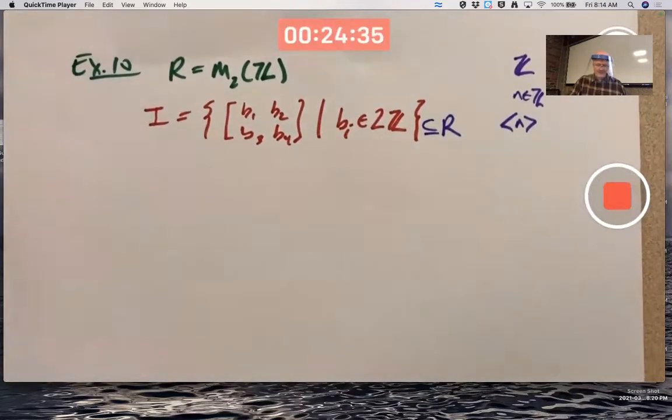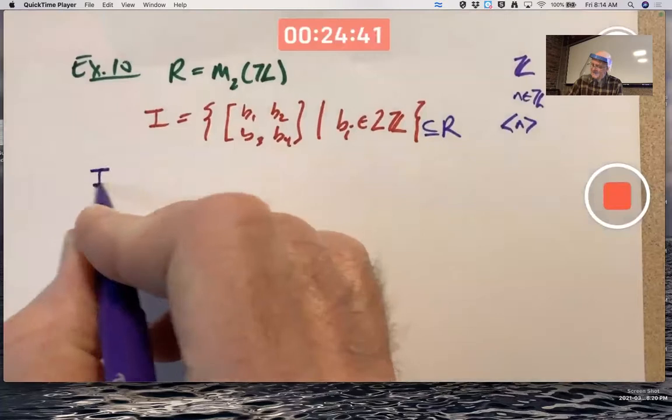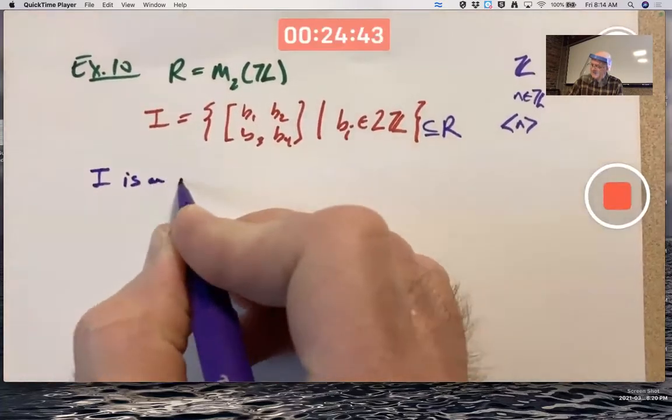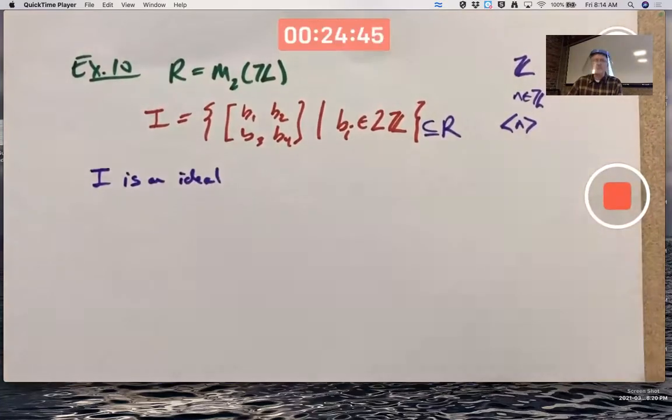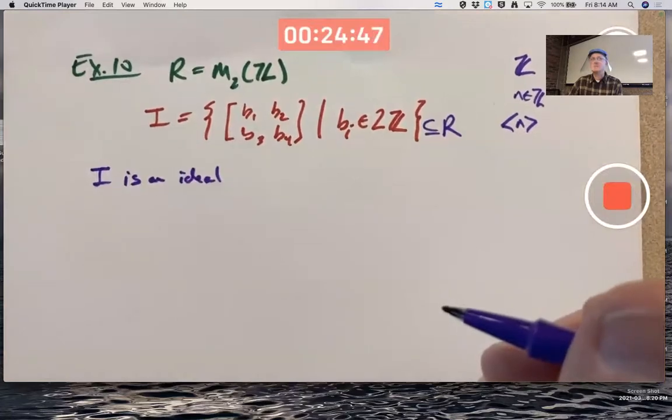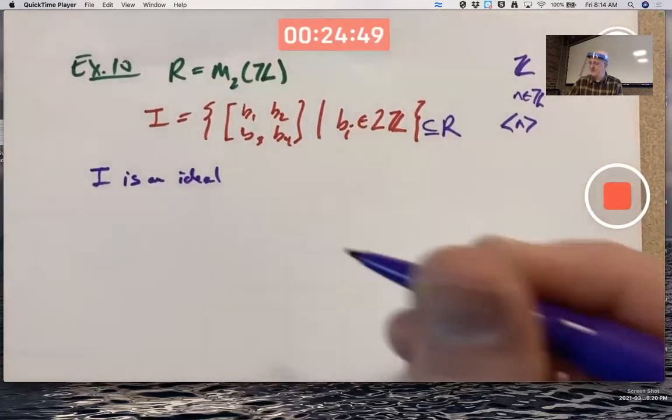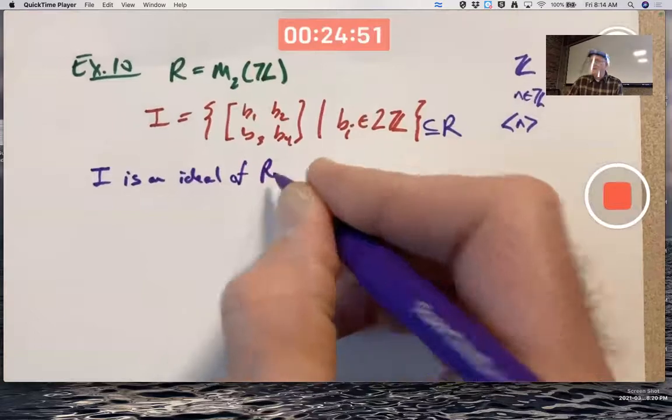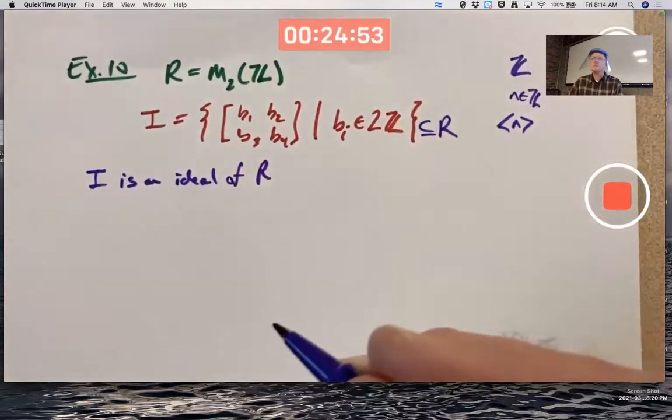Anyway, coming back to this example. So it's an ideal. I is an ideal in R. I will typically do the same thing that the book does and not use the normal subgroup notation here. It won't bother me if you do it on your homework.